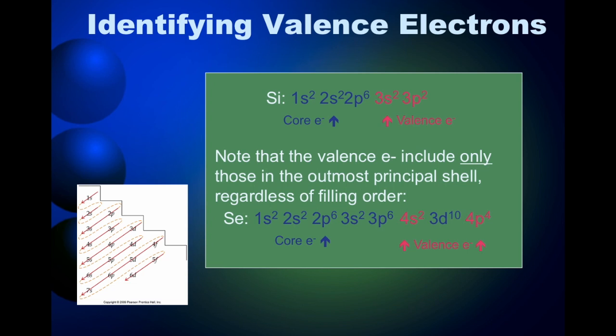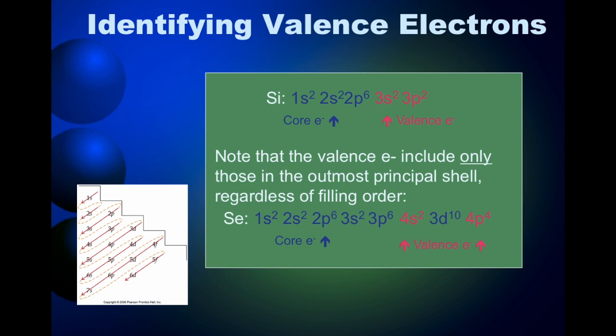The one place that's a little bit confusing is if you remember the d subshell fills out of order. So for example, for selenium, we have the d subshell filling for the third shell, but we also have electrons in the 4th shell.